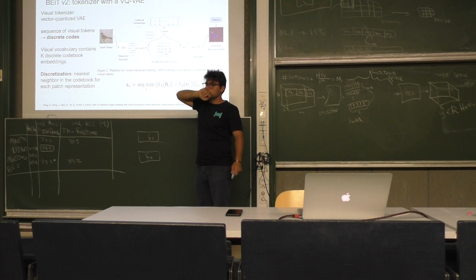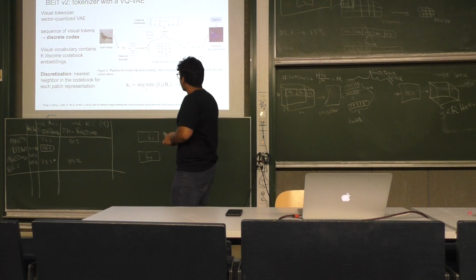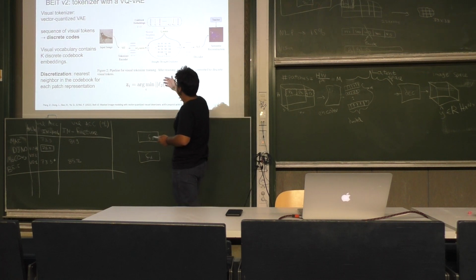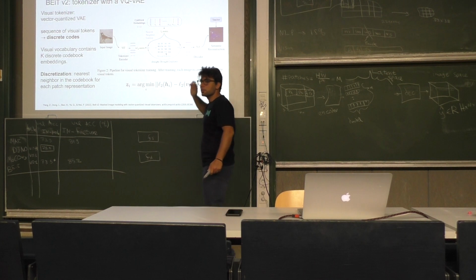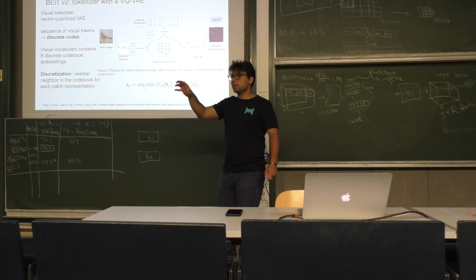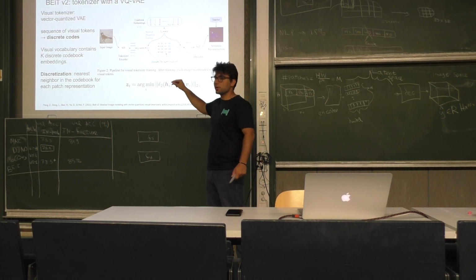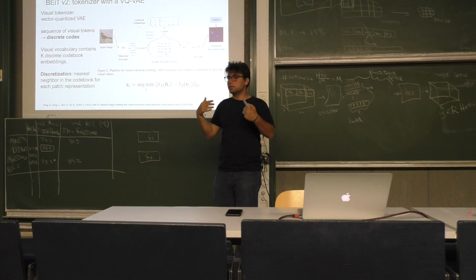Yes? Could you briefly explain why they have to be discrete? I know where the discretization comes from, but why do we need it? Because we want to assign each patch to one class, one codebook entry, for the pretext task that we said, to train in a BERT-like fashion.